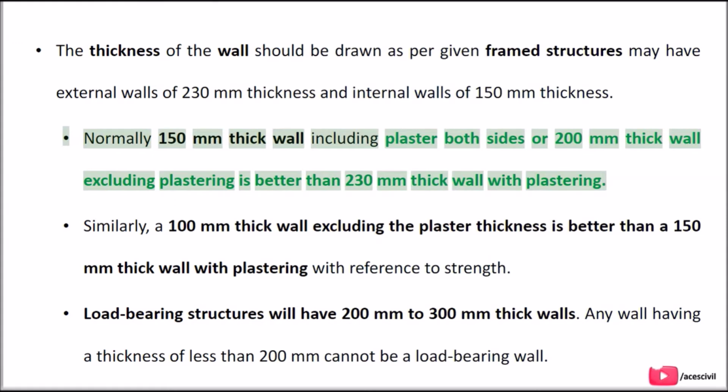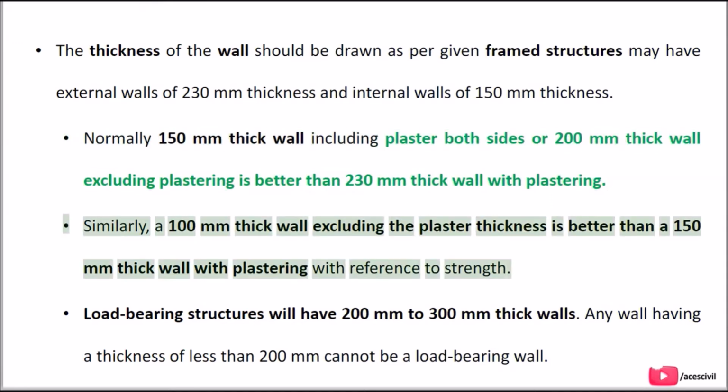A 200 mm thick wall excluding plastering is better than a 230 mm thick wall with plastering. Similarly, a 100 mm thick wall excluding the plaster thickness is better than a 150 mm thick wall with plastering with reference to strength.